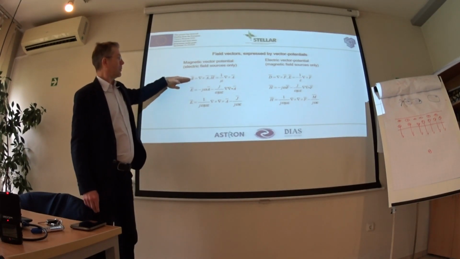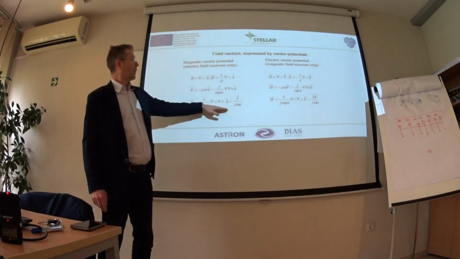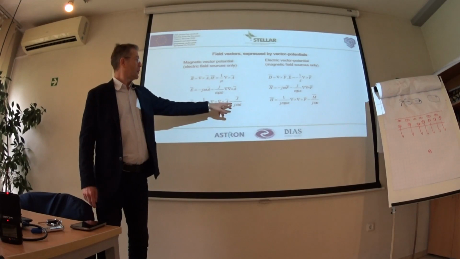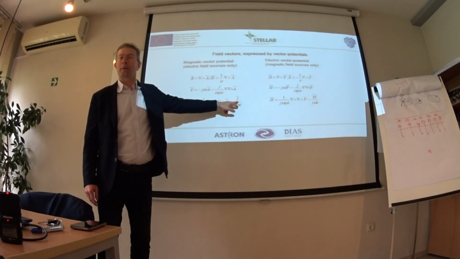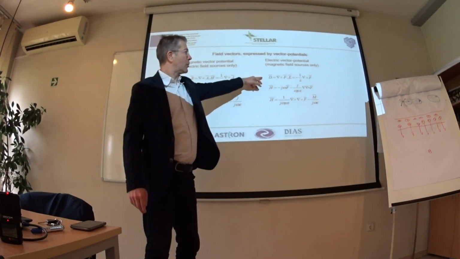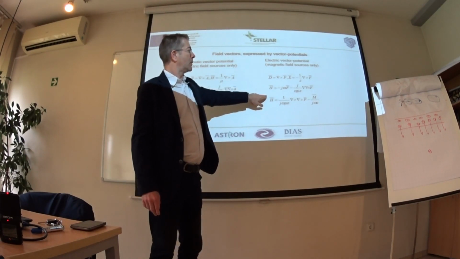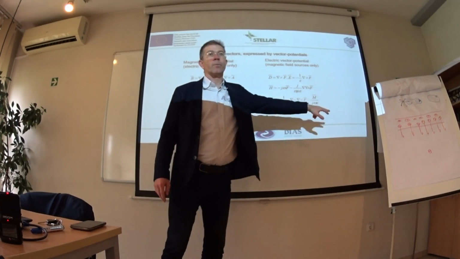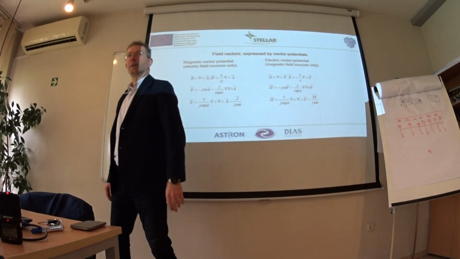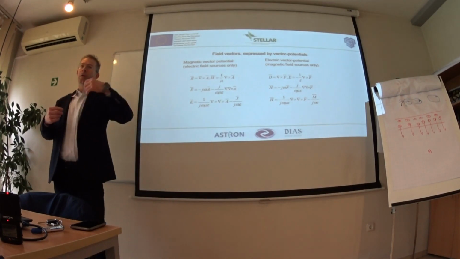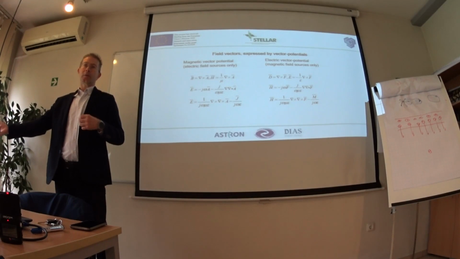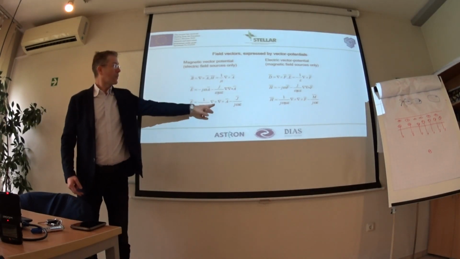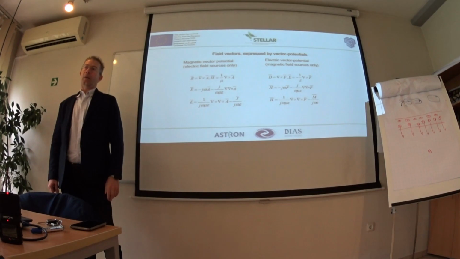B vector, E vector, and how they are delivered from the electric current; D vector and H vector, and how they are delivered from the magnetic current. So we have to know either electric currents or magnetic currents. Knowing them, we know everything.